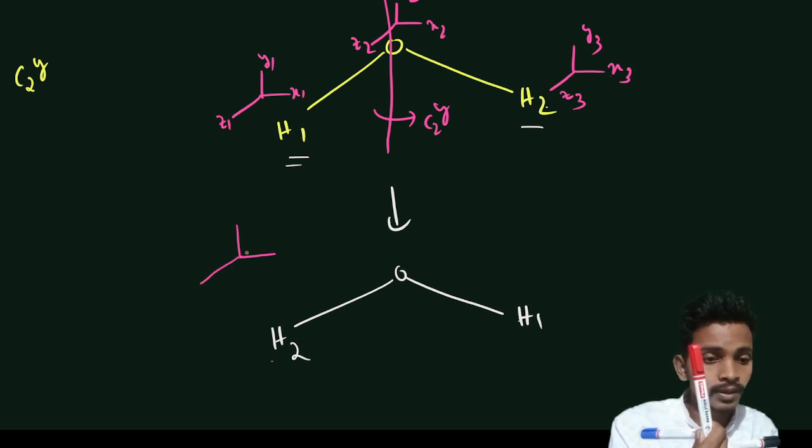Means if I draw like this, this is the back of y, this is x3, this is y3, this is z3. So this came to this direction. Now this x3 will go to this direction, minus x3, and z3 will go here, minus z3, and y remains as it is.